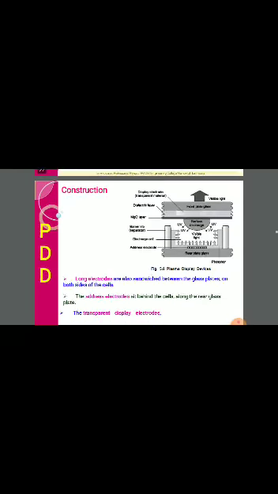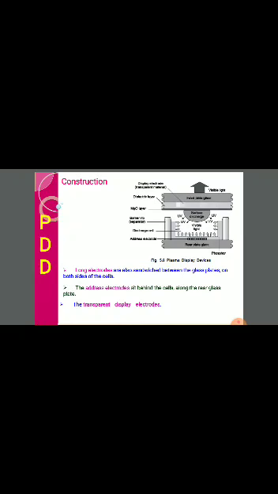Construction. It's very simple. You can see here long electrodes are also sandwiched between the glass plates on both sides. Here inside we can see long electrodes. The address electrodes sit behind the cells along the rear glass plate.